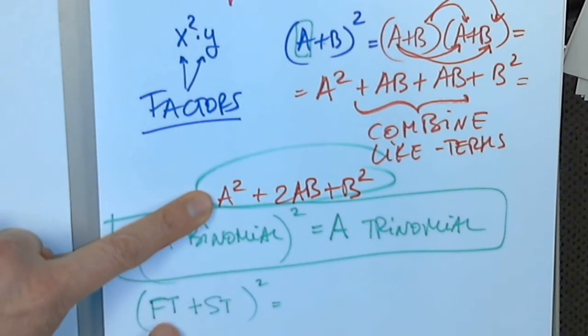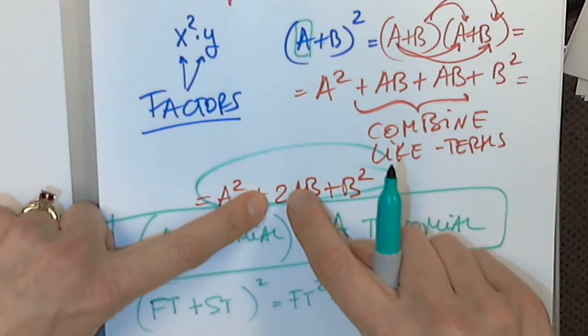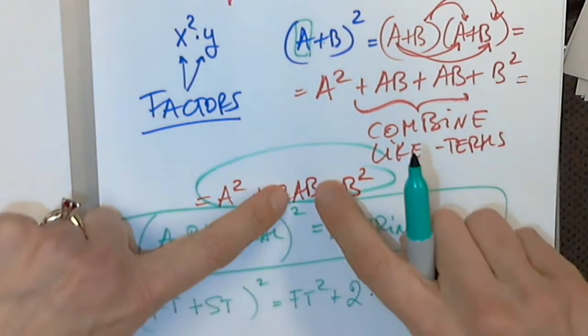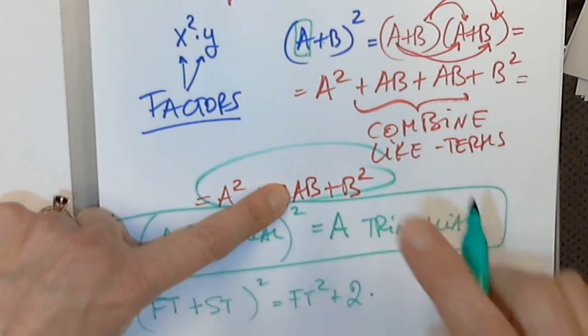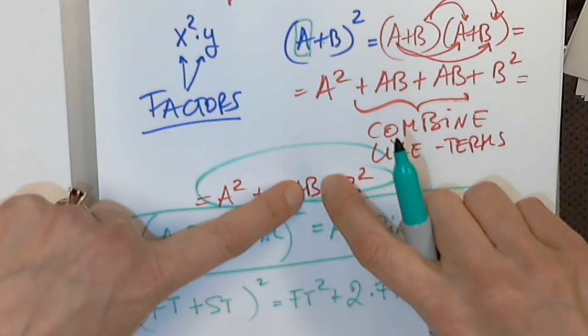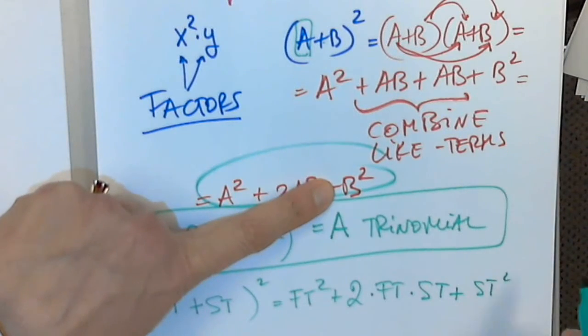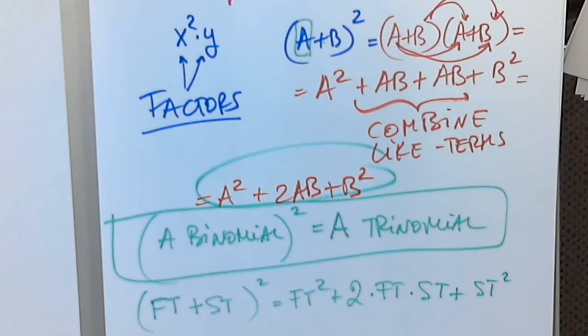I get the, awesome, plus 2 times first term times plus, on your way to where you're going tonight, hopefully you're going home, you should say first term plus second term squared equals first term squared plus 2 times the first times the second plus the second term squared. 10 times. And you will not forget this.